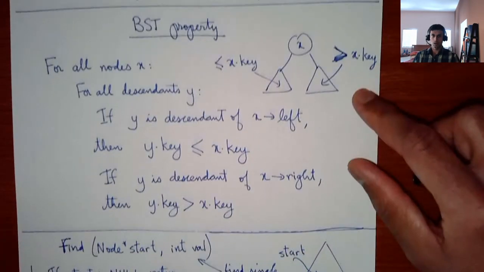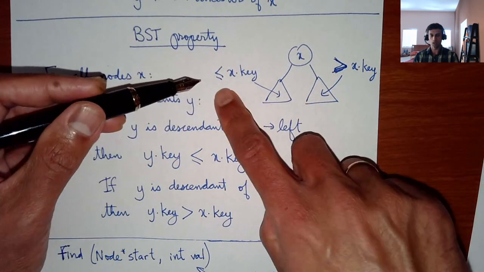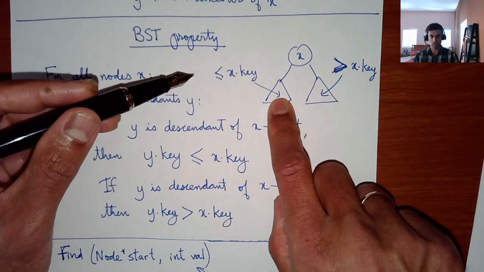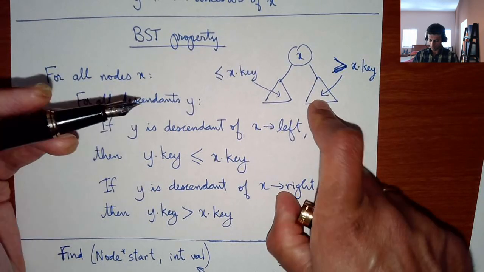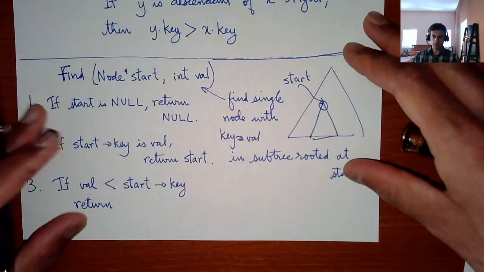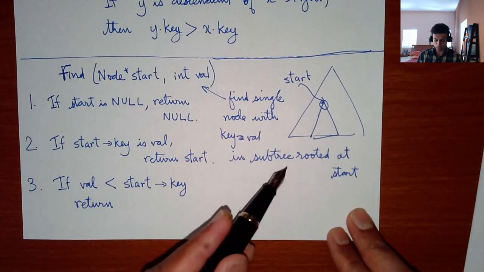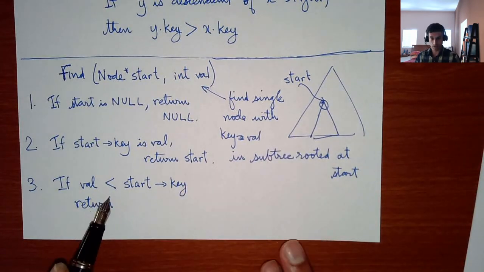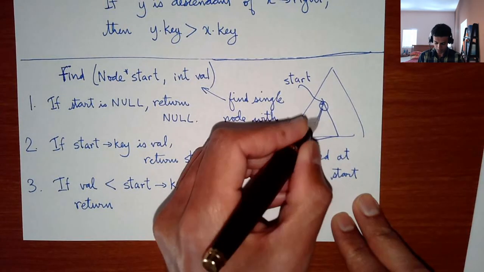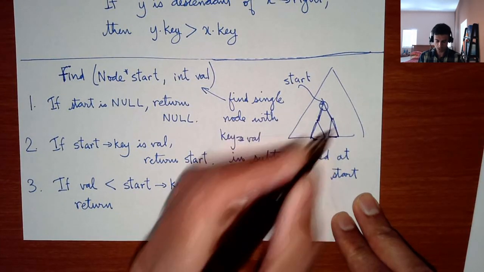We said everything whose key is smaller is in the left side, and every node whose key is larger is in the right side. Our aim is to find a node in the subtree rooted at start. So there's no need to go to the parent. We're actually looking below. Now, if val is less than start arrow key, if there's any node, here there are the two children subtrees.